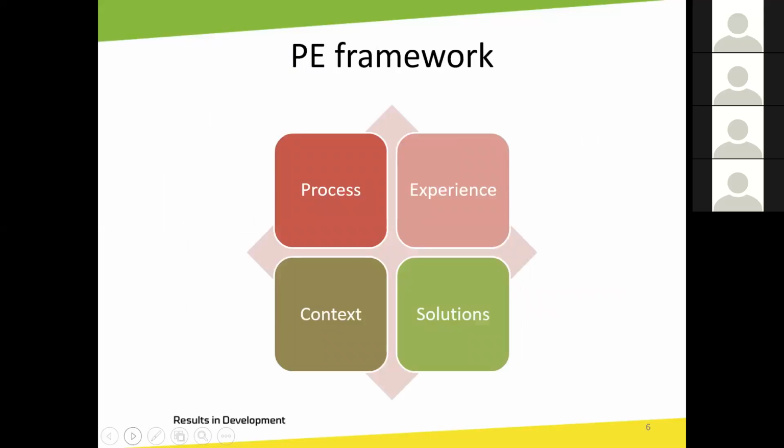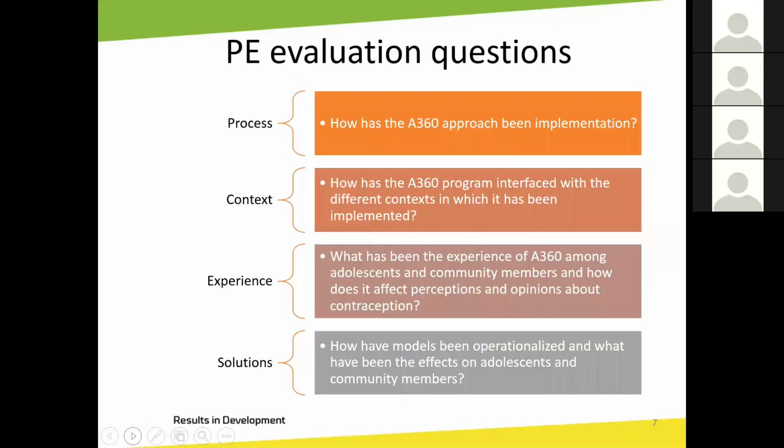So essentially, the evaluation framework covers 4 domains, which are process, experience, context, and solutions, which very much align with the objectives. Next slide, we have key questions that we are looking to answer through this.